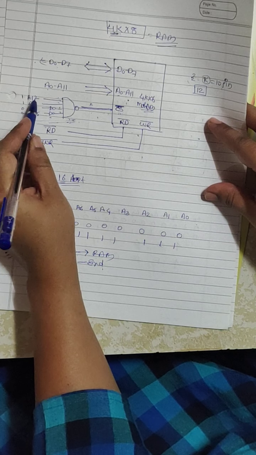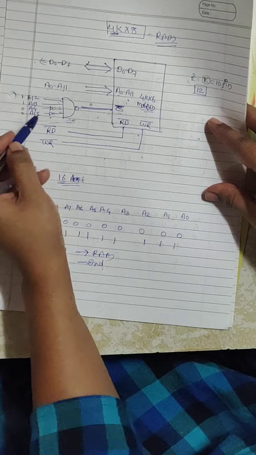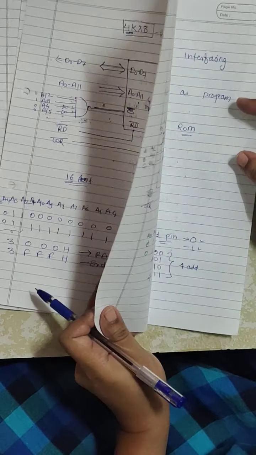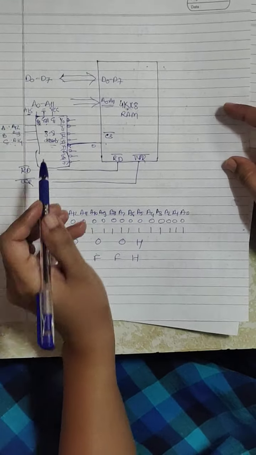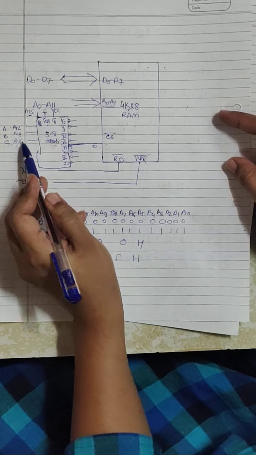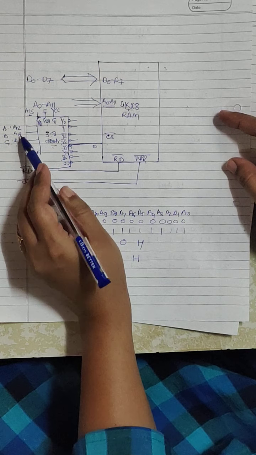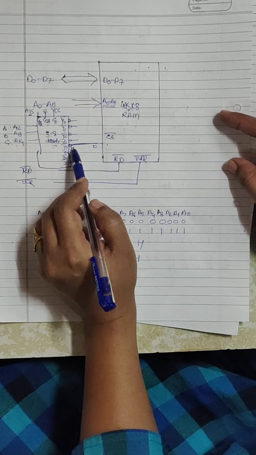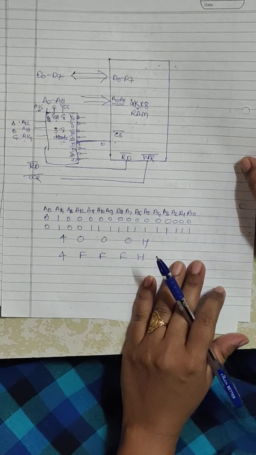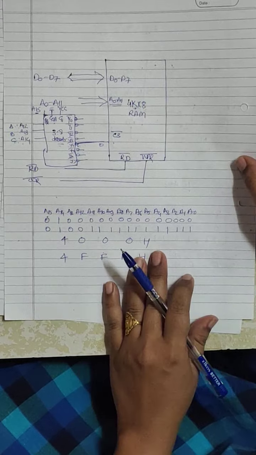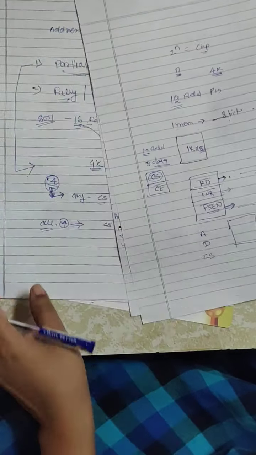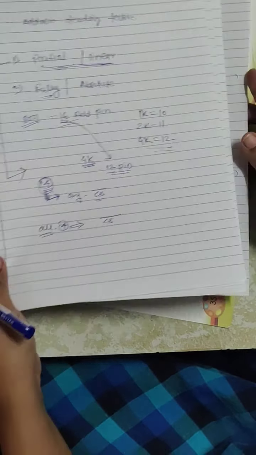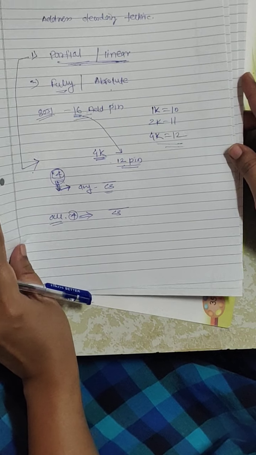All 4 remaining address pins we have used for generation of the chip select signal. In this technique also, all remaining address pins A12, A13, A14, A15, all remaining pins we have used to generate the chip select signal. Such a technique is called the fully decoded technique, or also called the absolute decoding technique.